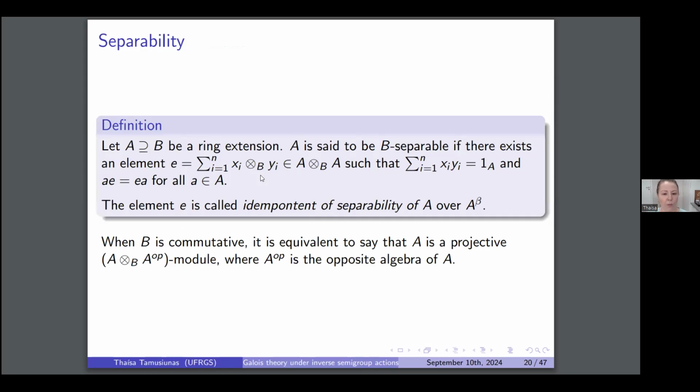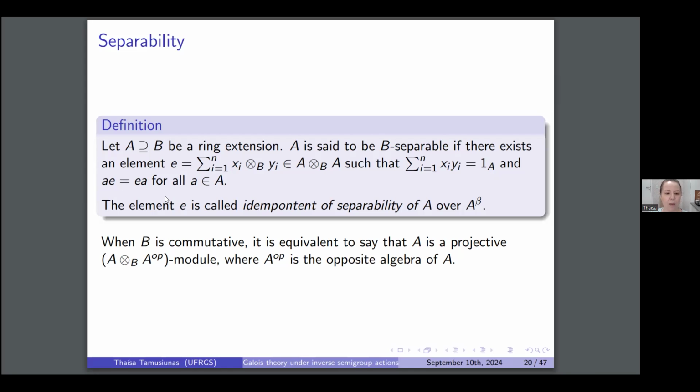The second relevant concept is concerning separability. So given a ring extension A over B, A is said to be B-separable if there exists an element e in this tensor such that the sum of x_i y_i is equal to 1, here we are considering unitary rings. I did not mention it, but the rings are unitary.